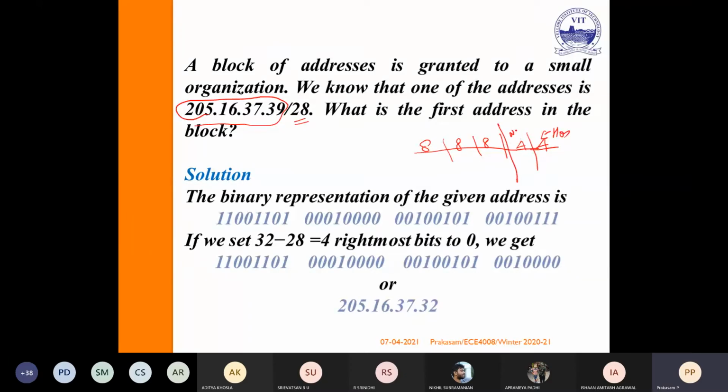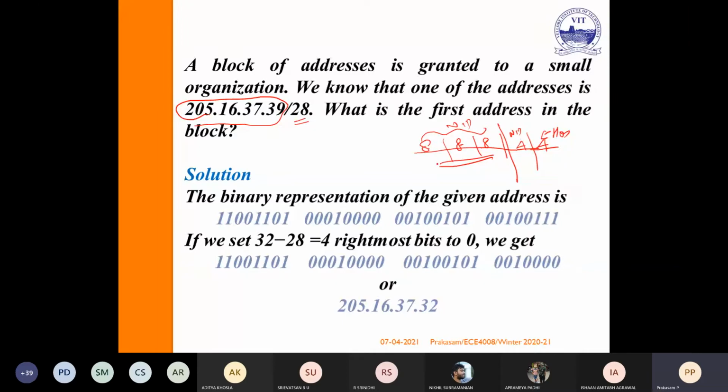In the fourth field, 4 bits are network, so in total 28 bits are the network ID. The last four bits are used as the host ID.